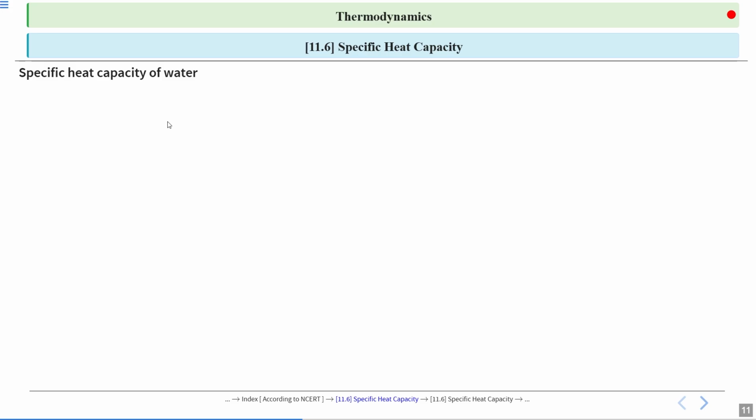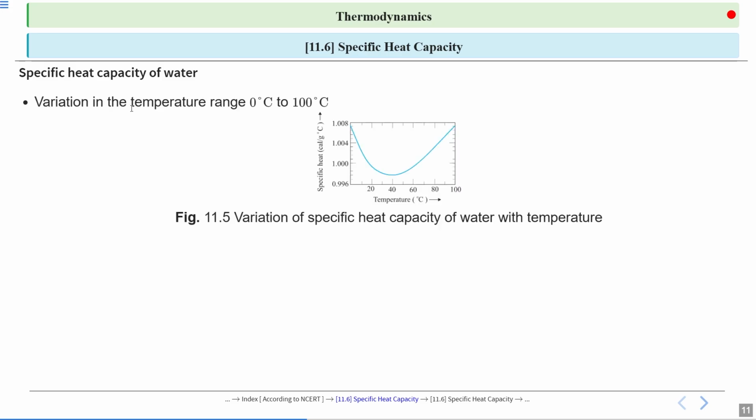Specific heat capacity of water. Variation in the temperature range 0 degrees Celsius to 100 degrees Celsius. The curve of specific heat versus temperature is not a linear curve.